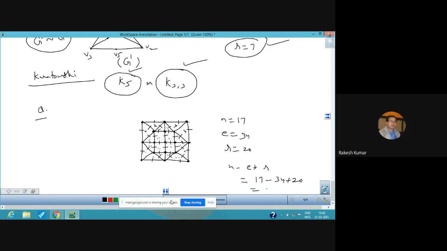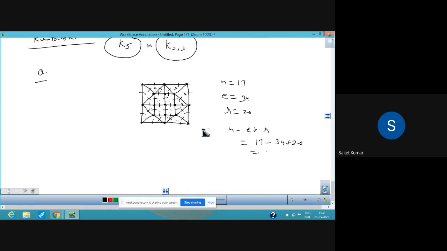The regions are more. Sir, there is also the outer infinite region. Yes, the outer region is also there, but it comes out to be minus 17 plus 21.